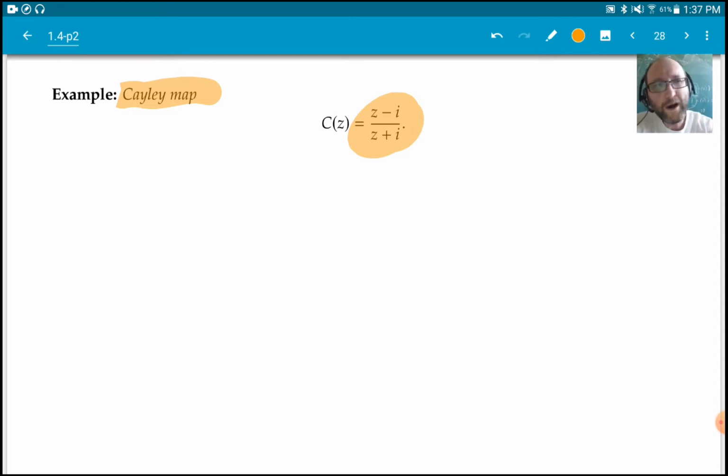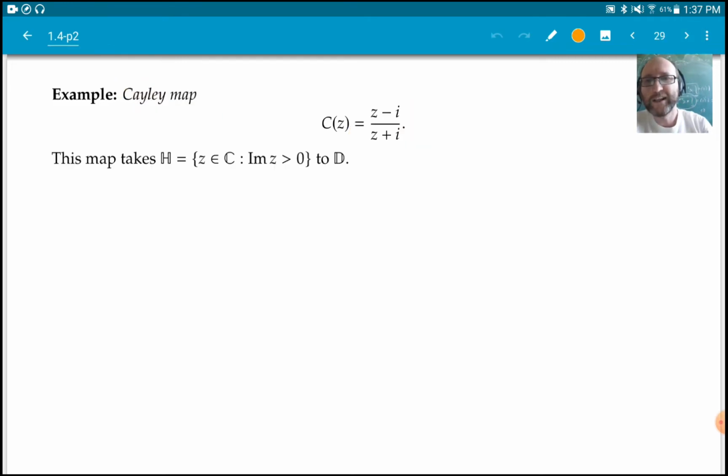The inverse of this guy is also very, very useful. Now, why is it useful? Well, it's mostly useful because this is the map that takes the upper half plane, everything with a positive imaginary part, to the unit disk. So it gives you a one-to-one relation between the upper half plane and the disk, right?